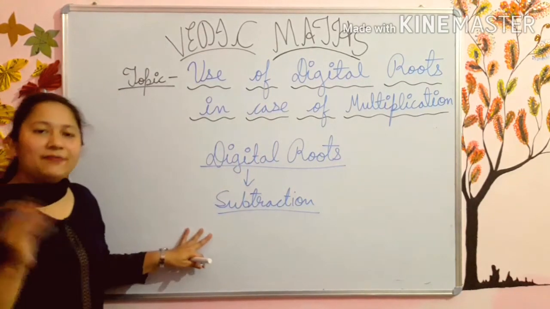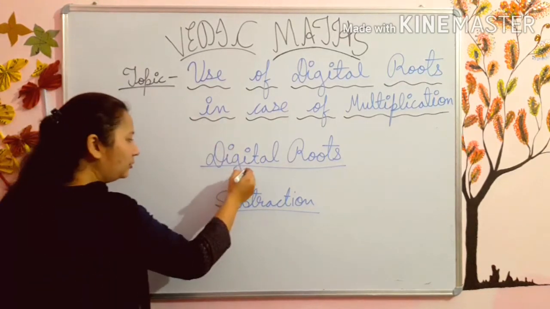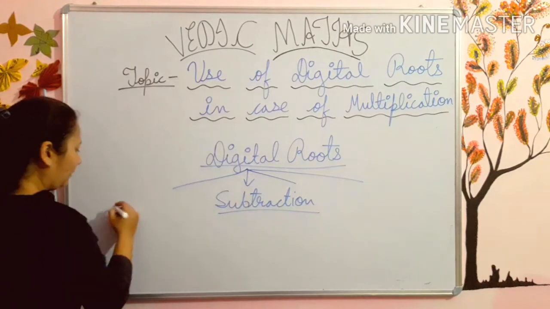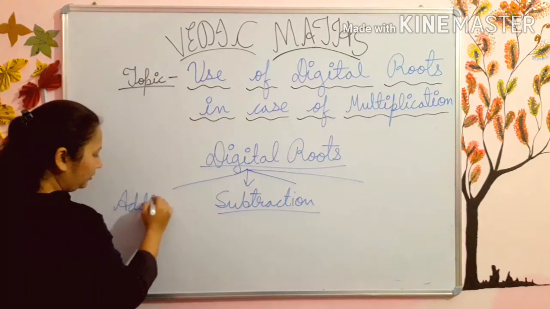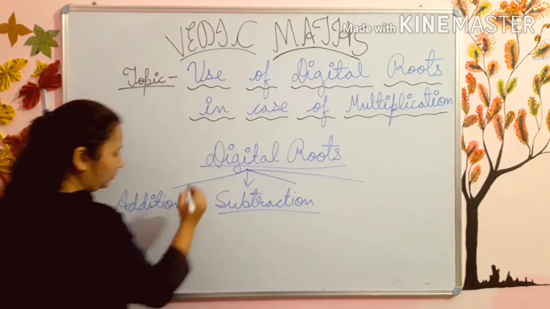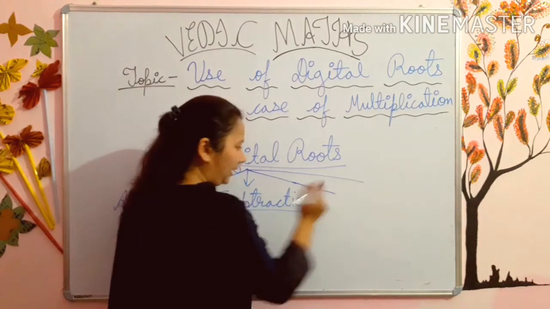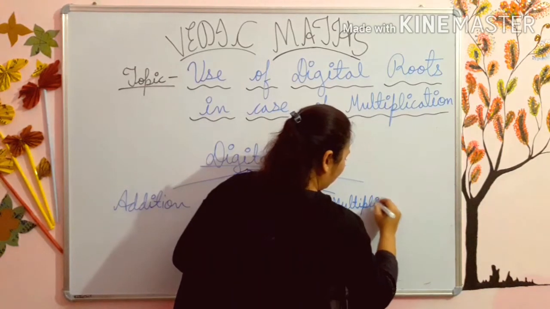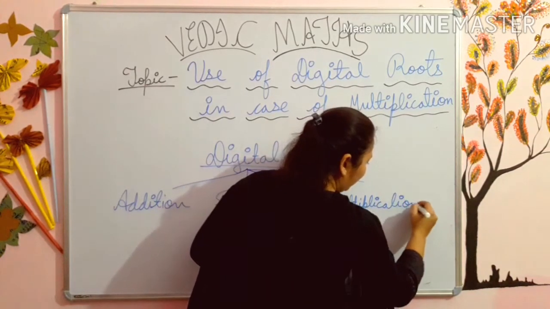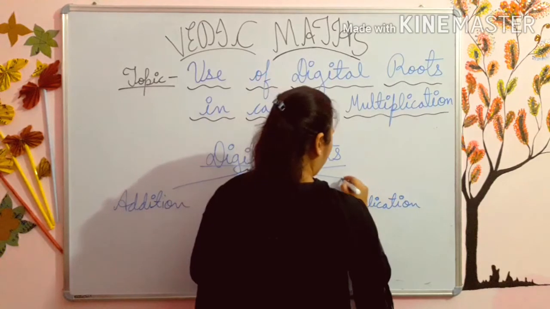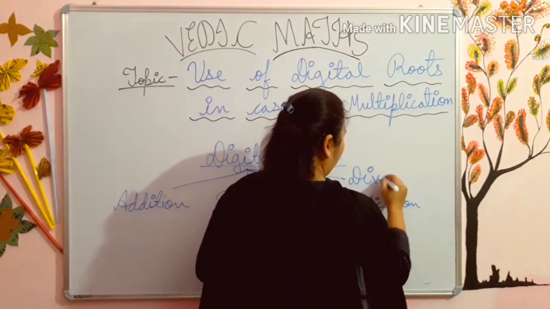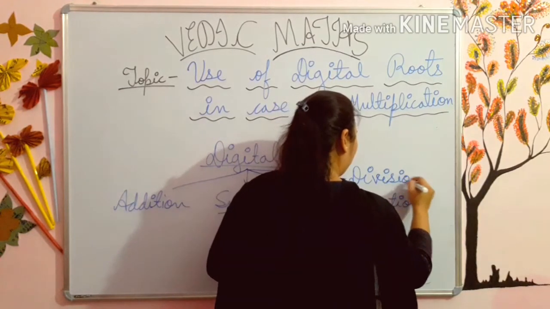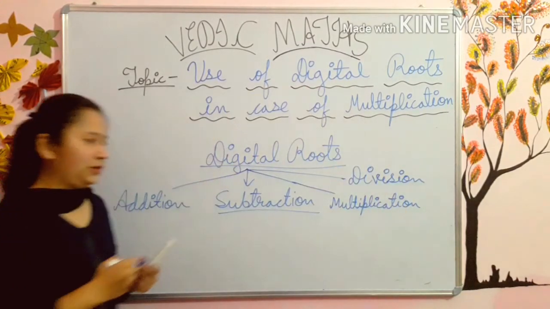As I have told you before, digital root contains 4 parts: addition, subtraction, multiplication and division.